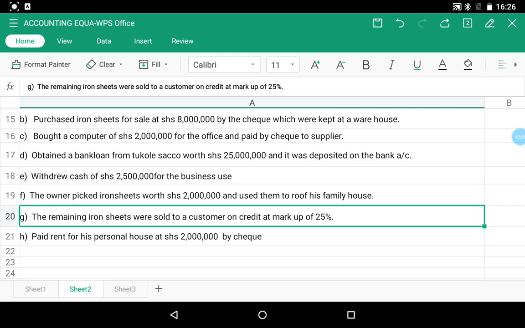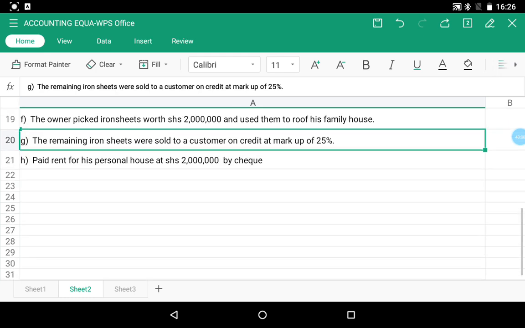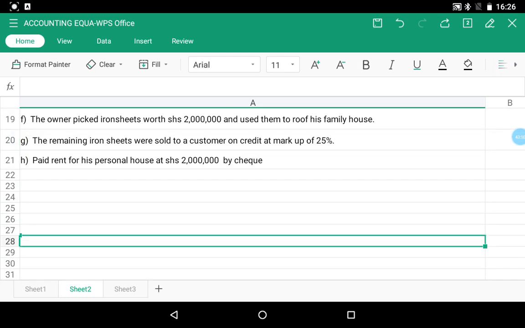It means the remaining items, the roofs, iron sheets, were sold at a markup of 25%. This one we are going to consider as a profit or markup, to get a real value here.